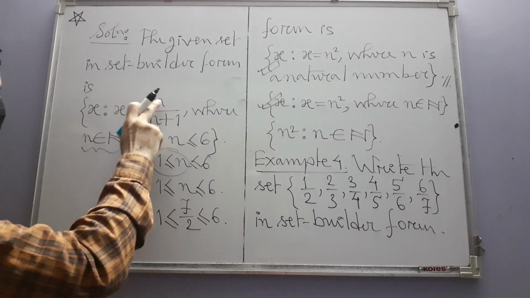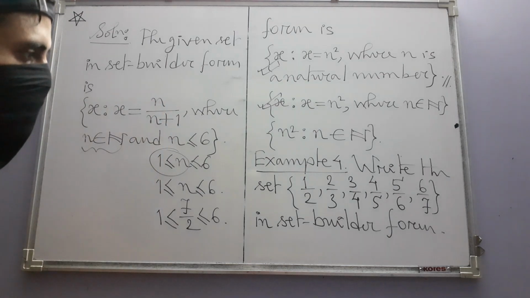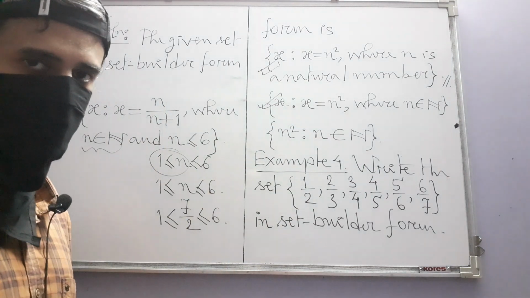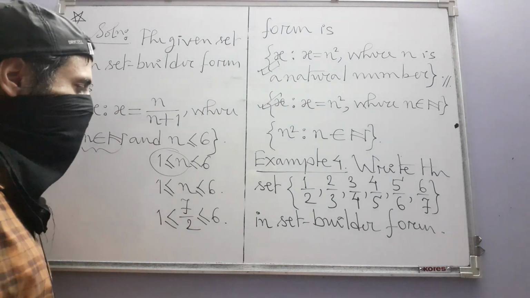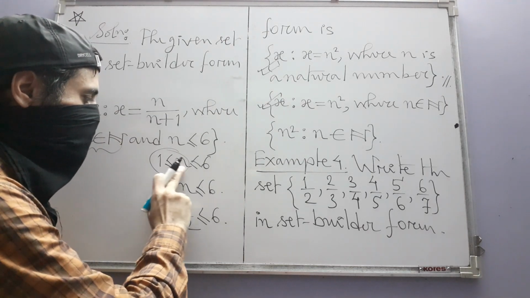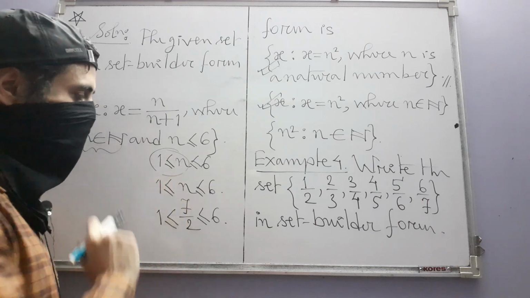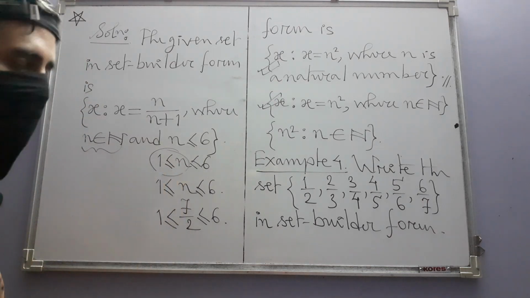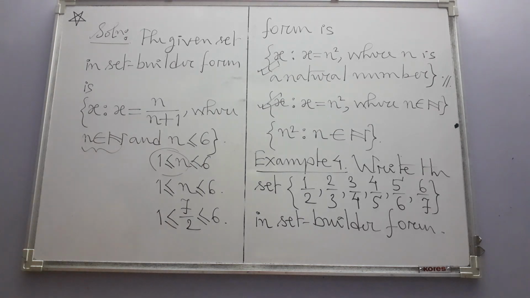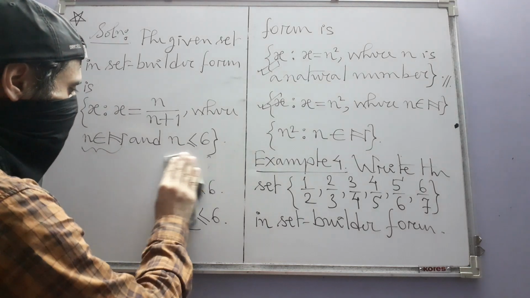Now in place of n here, if you put 7 over 2, you won't get any of these numbers. That's why it's necessary to mention that n is a natural number, and then it's up to you to decide whether you write this part or not. I choose to not write this one here. So for me, this is the set.